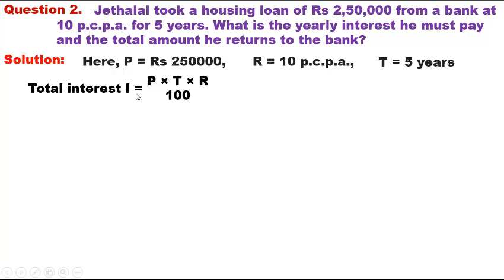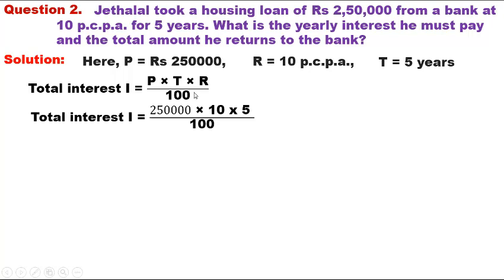Therefore, total interest I is equal to P into T into R divided by 100, which is 2,50,000 multiplied by 10 multiplied by 5 divided by 100.